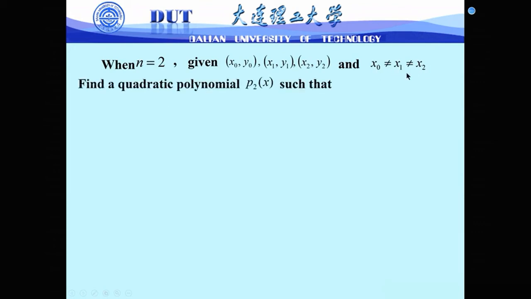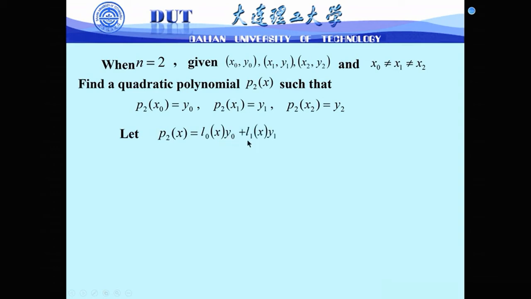We need to find a quadratic polynomial denoted by P2(x) such that P2(x0) equals y0, P2(x1) equals y1, and P2(x2) equals y2. These are the 3 interpolation conditions. Now we write P2(x) in the form L0(x) multiplied by y0 plus L1(x) multiplied by y1 plus L2(x) multiplied by y2.